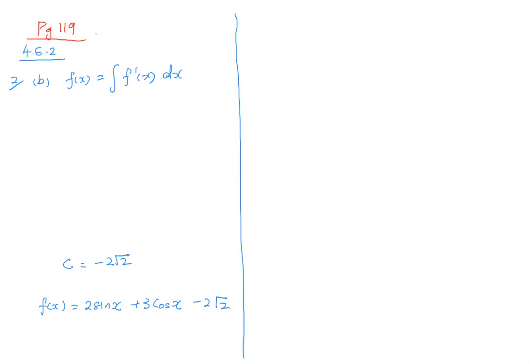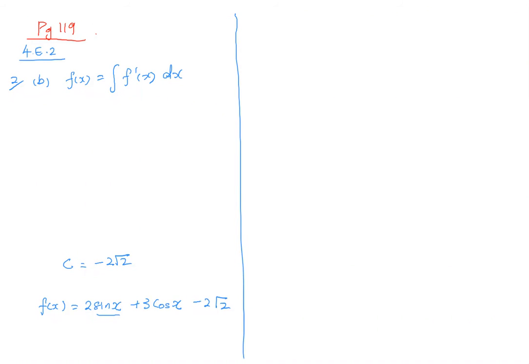How come in the question it is 2 cos x, and how come it becomes 2 sin x? Because you integrate it, so 2 cos x becomes 2 sin x. Yeah, because you integrate cos, you get sin. That's right.